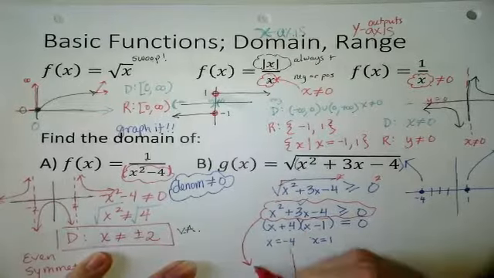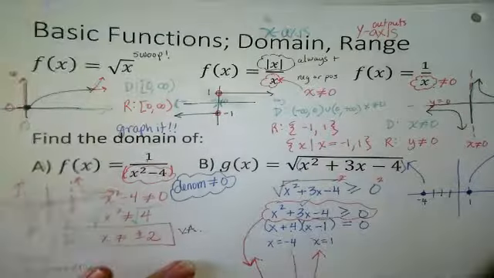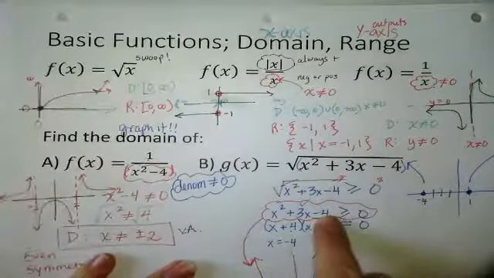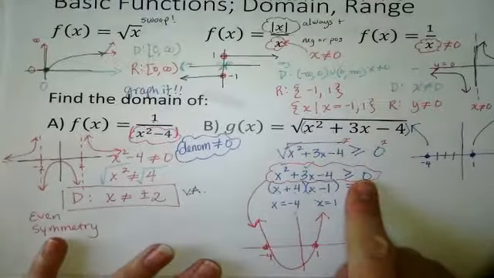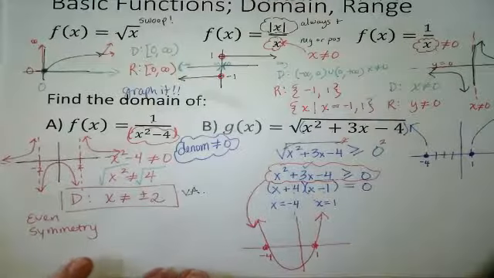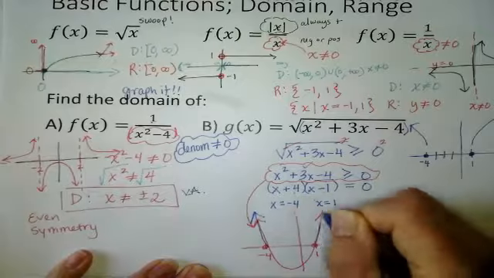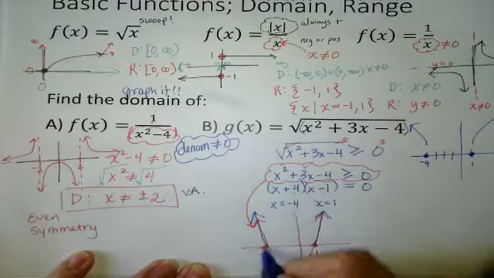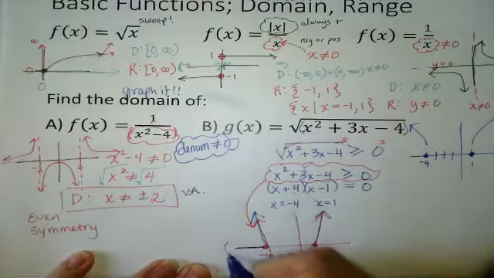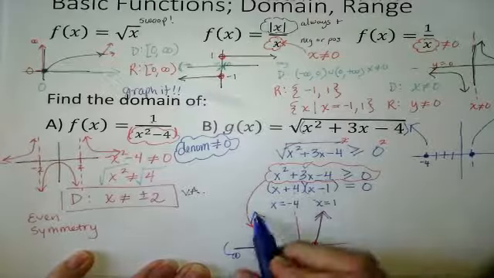It's also a parabola. It's an up parabola. And it's asking, where is this parabola greater than or equal to 0? Where does it have values that are greater than or equal to 0? Well, all of this section of the graph has y values that are greater than 0. All of these x values from -infinity to -4 are either 0 or above.